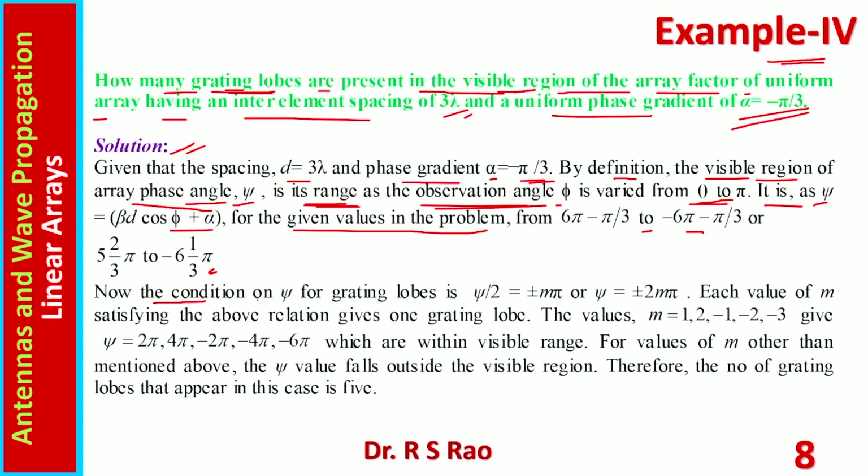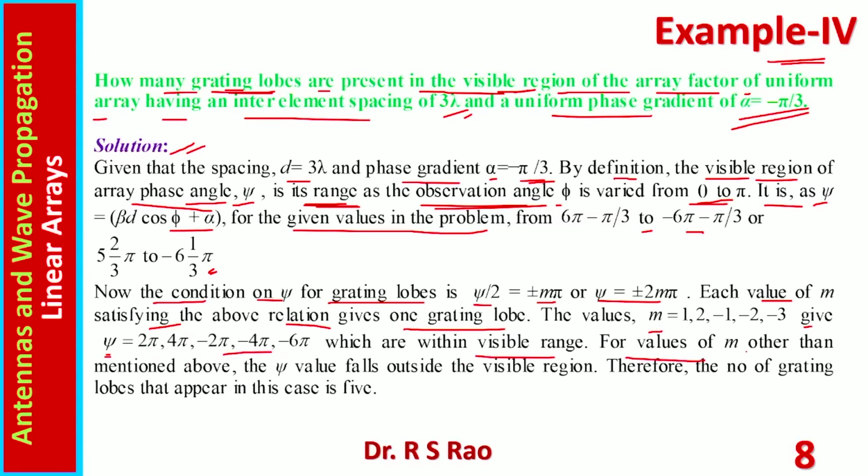Now the condition on psi for grating lobes is psi by 2 equal to plus or minus m pi, or psi is equal to plus or minus 2m pi. Each value of m satisfying the above relation gives one grating lobe. The values m equal to 1, 2, minus 1, minus 2, minus 3 give psi equal to 2 pi, 4 pi, minus 2 pi, minus 4 pi, minus 6 pi, which are within the visible range.